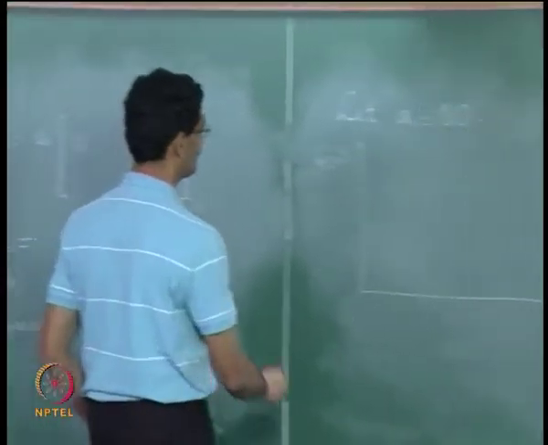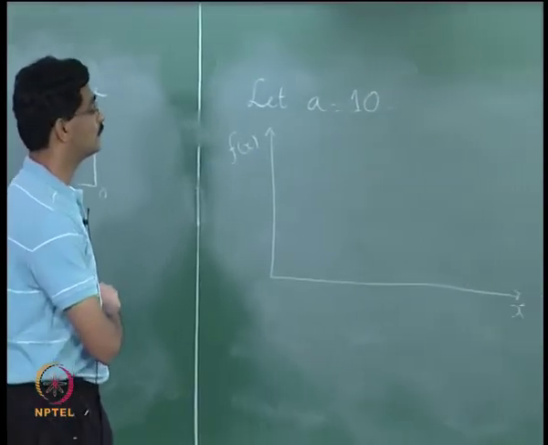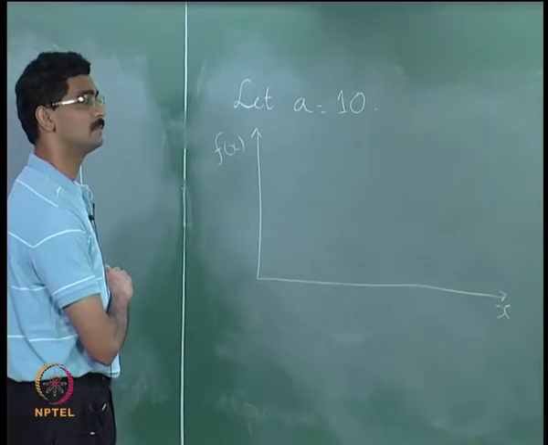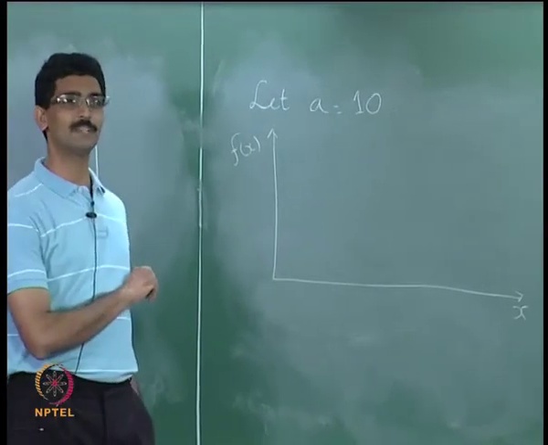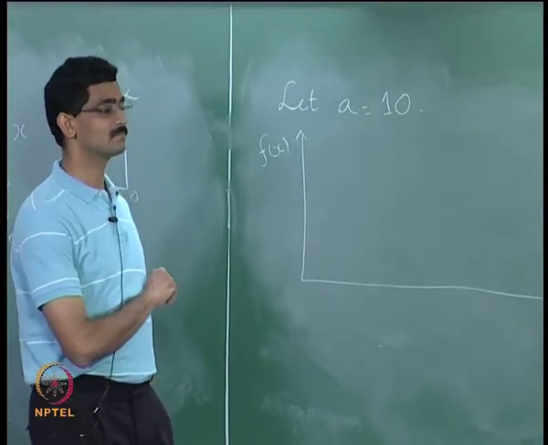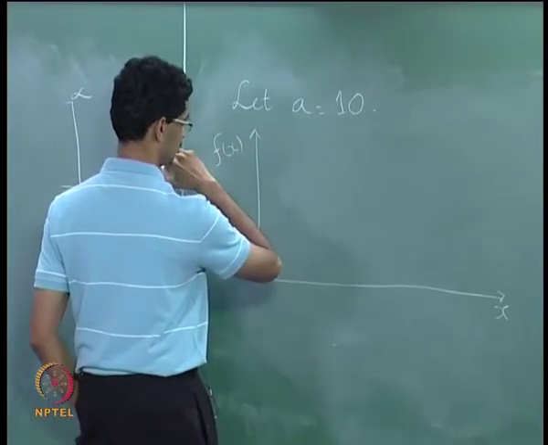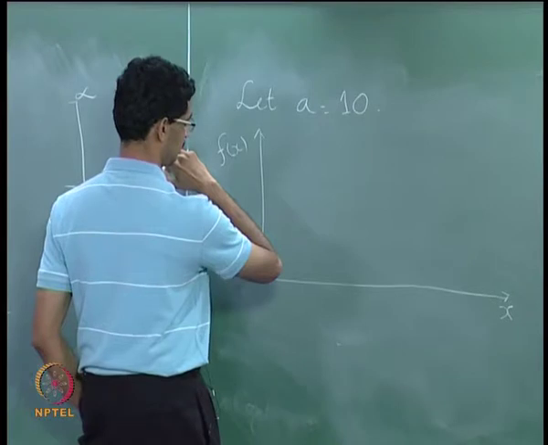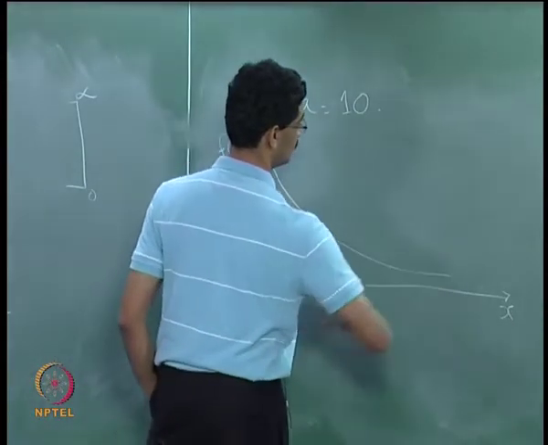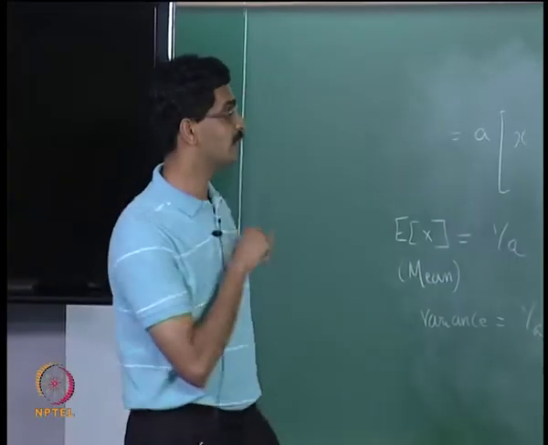What's your starting value at x equals 0? Okay, for now we will just leave it at that. So that is kind of what it goes to. As x goes to infinity, your value goes to 0.